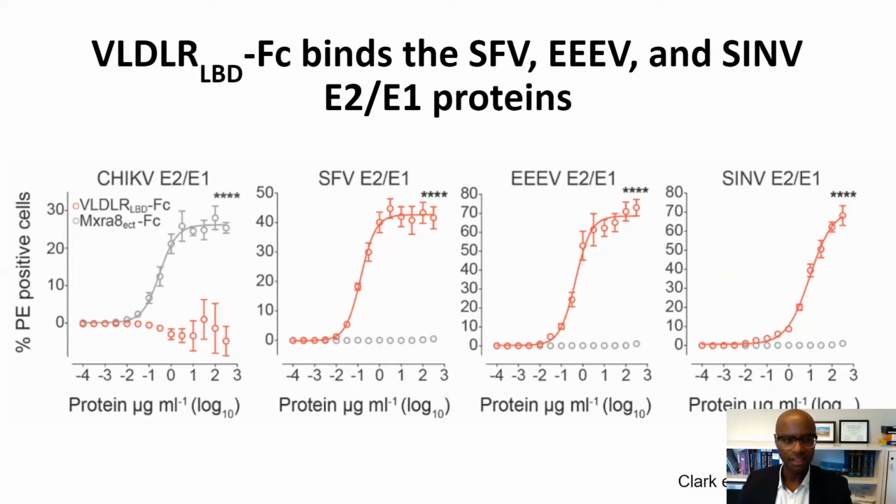So this suggested to us that indeed our Fc fusion proteins containing the ligand binding domain for VLDLR was the molecular determinant that allowed direct binding to the envelope protein.